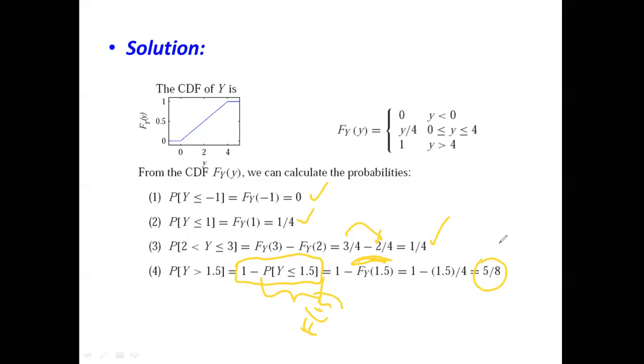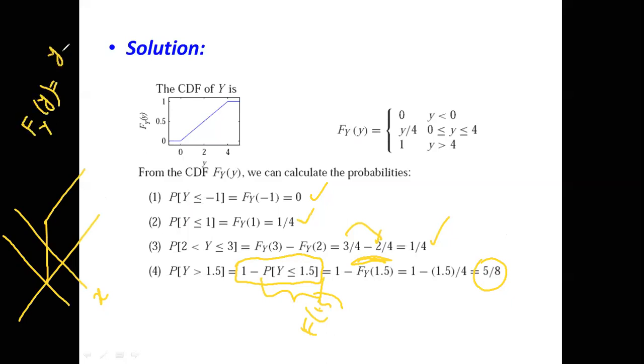Sir, how did we get the value of the probability of y less than or equal to 1.5? Look at that. What is the CDF? Any point when I'm talking about the CDF means values less than that particular point. The CDF equation is given as y by 4 for any value from 0 to 4, so we use this formula.